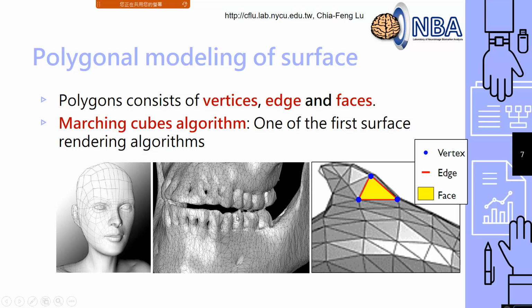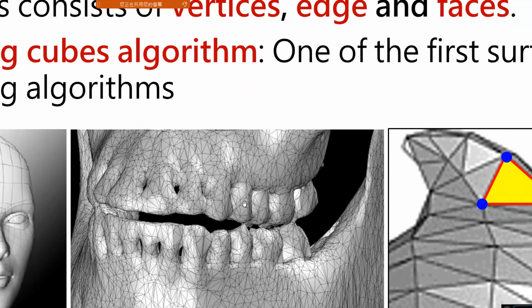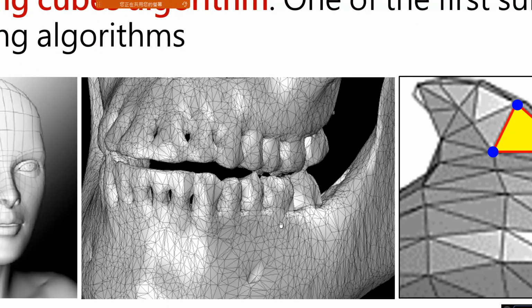So for example, right here, you can see this is the model that I just displayed for you. You can see the teeth right here. You can see the jaw right here. You can see a lot of the bone. But actually, this bone can be reconstructed using multiple triangles or multiple triangular surfaces.